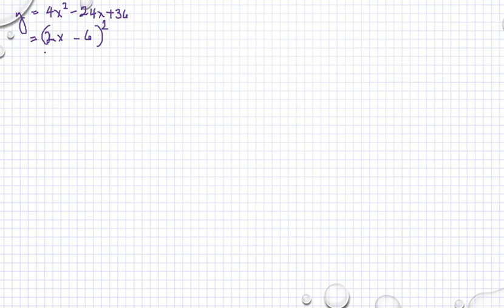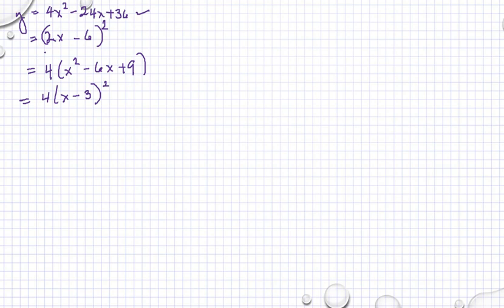That's already alright. Or, as you can see, all the terms are divisible by 4, and you have x squared minus 6x plus 9. Then you can do that also. You have 4 times (x minus 3) squared.